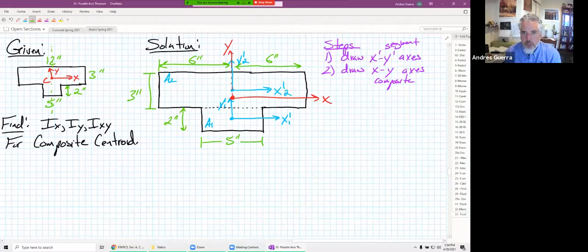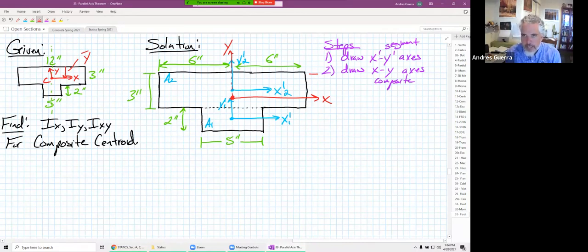And so, do we know where the x prime 1, y prime axis is? Relative to the 2 inches, wouldn't it be 1 inch from the bottom of that rectangle? We know where the x prime, y prime 2 axis is located relative to all those dimensions. We do not know where xy is. And they typically give us in these problems on that homework, they will tell us where to measure things from. And actually, they're going to tell us that y bar is the distance measured from that top right there.